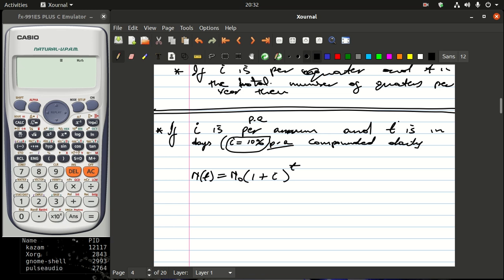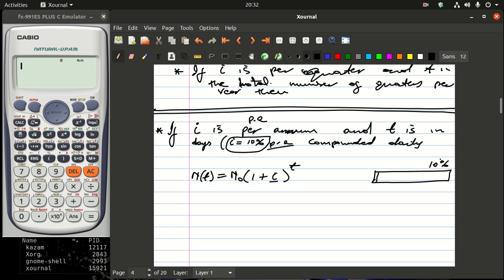If t is in days, we're going to leave this t as it is, but now 10% is per year, so we have to divide to find out. After a year, I want you to get 10%. But now, how much will I get in one day? Because this is saying daily, which means I will give you a portion every day. So I wanted to know how much of this it will be for a day.